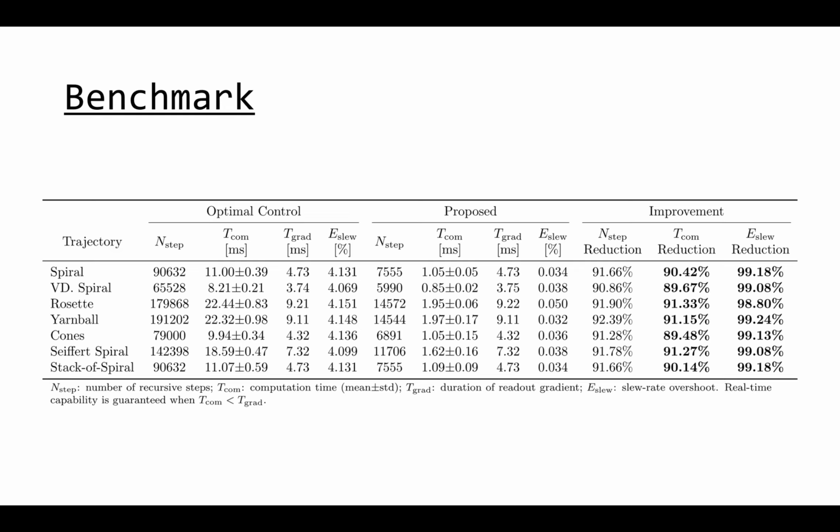Actually, this improvement comes from the different discretization strategies of the two methods. As we can see from the previous slides, our method uses a constant time step, which means the output gradient waveform is naturally time parameterized. However, the baseline method, which was directly transplanted from the optimal control theory, has a constant arc length step, which is different from that of the gradient hardware.